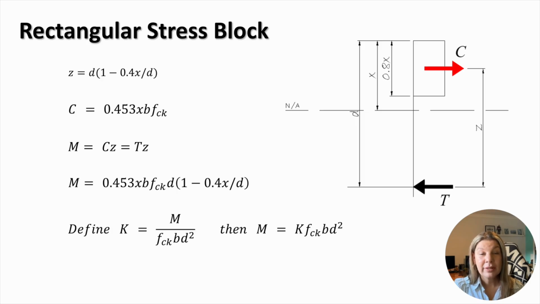The only unknown in the expression for the moment really is x. And to find x, we start by introducing the parameter k. K is equal to the moment over fck times b times d squared. The moment can then be represented as k times fck times b times d squared. Substituting this expression into the expression for moment leads to this equality.